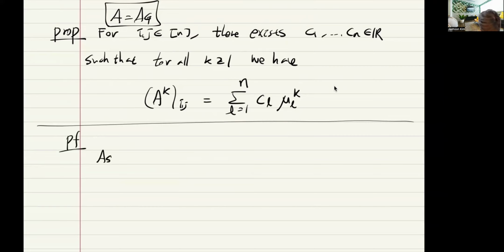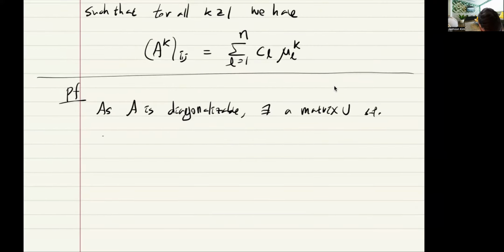So how do we prove it? If A is diagonalizable, we know that there exists a matrix U such that U inverse A U is, say, D, a diagonal matrix.